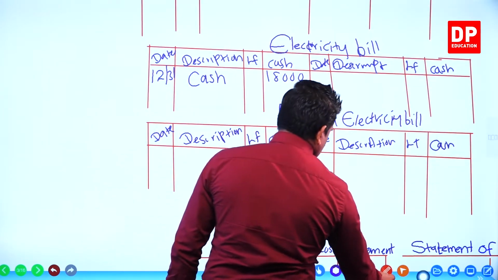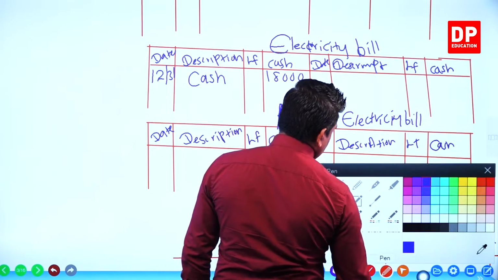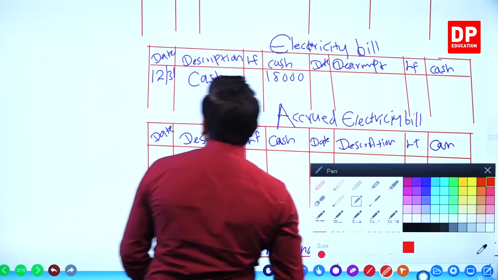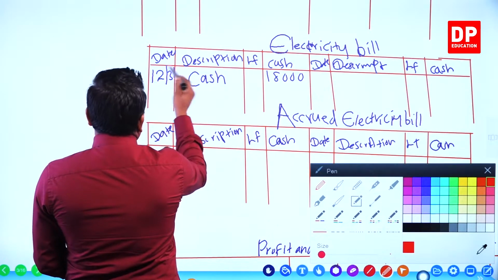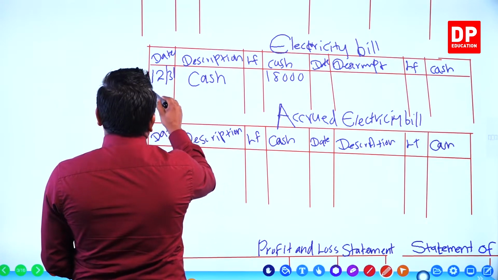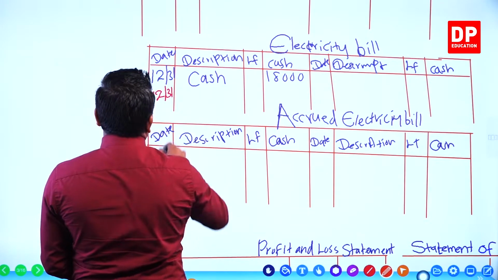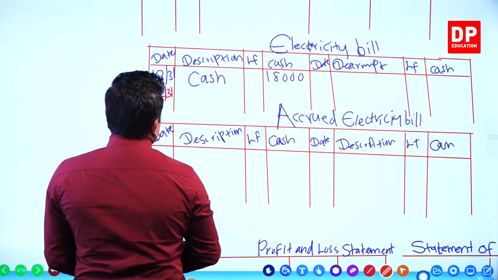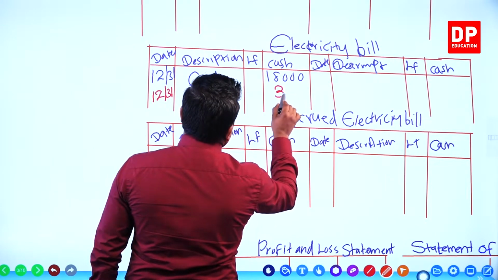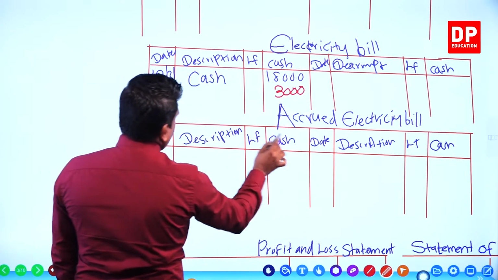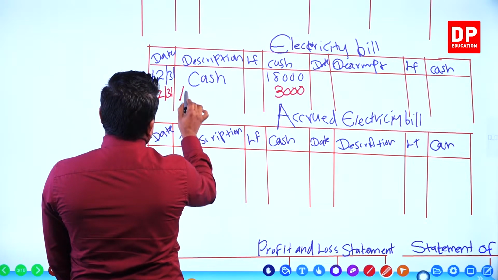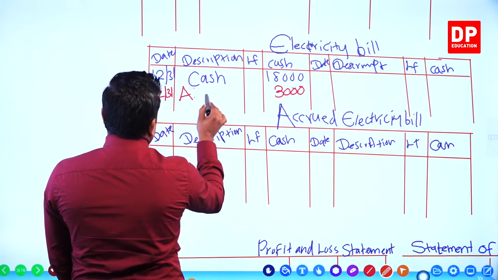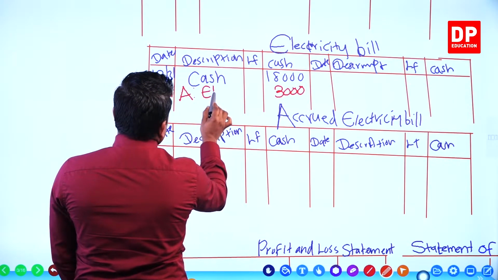I use another color to record the adjustment. 12/31st, same date. If you want, same date you put 12/31st. 3,000 is the amount of expense to be paid. What is the accrued electricity? A means accrued electricity.